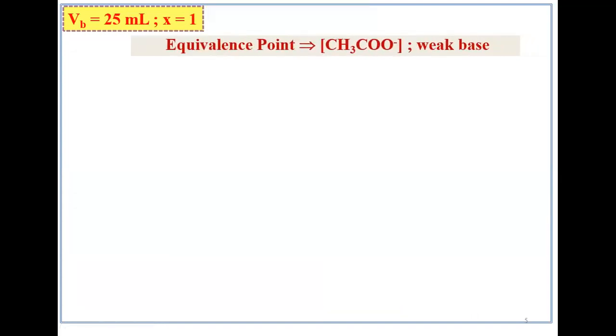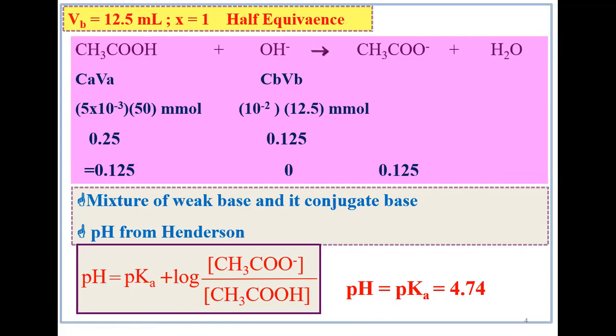At 25, at equivalence. Of course, at equivalence, what happened? Yes, all the acid got converted to A minus. Let me just show you with this here. If I put VB equals 25 mils, and you multiply these numbers, of course, this number doesn't change. It's still 0.25. Here, if this was 25, OH minus would also be 0.25. So I have equal amounts of acid and the base.